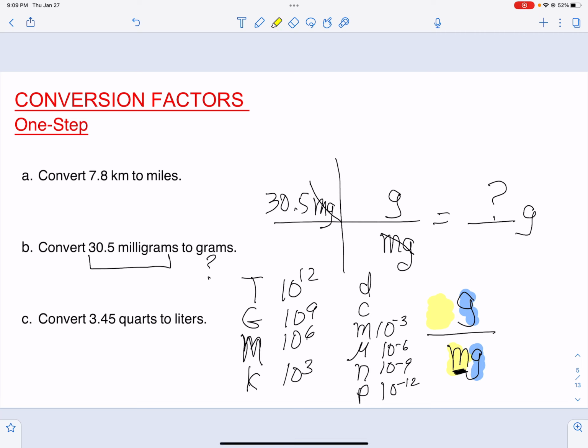And I found it. That's what milli means. Milli means 10 to the minus third, so that's what I put there.